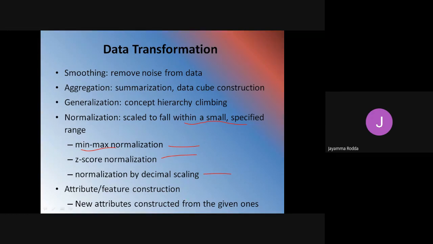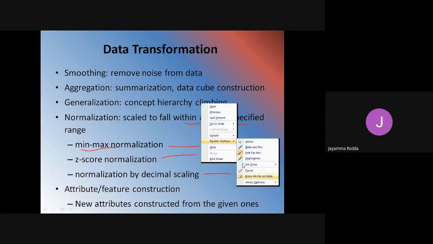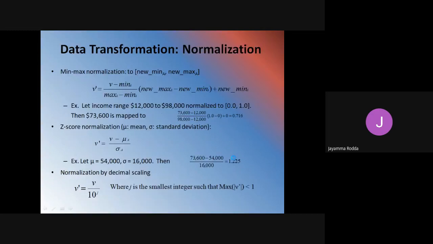So new features are constructed in order to make it in a convenient form for our understanding. Okay. So this is what data transformation. These are the methods that are involved in the data transformation. Let us discuss the data transformation process that is called normalization. So first let us discuss the min-max normalization.